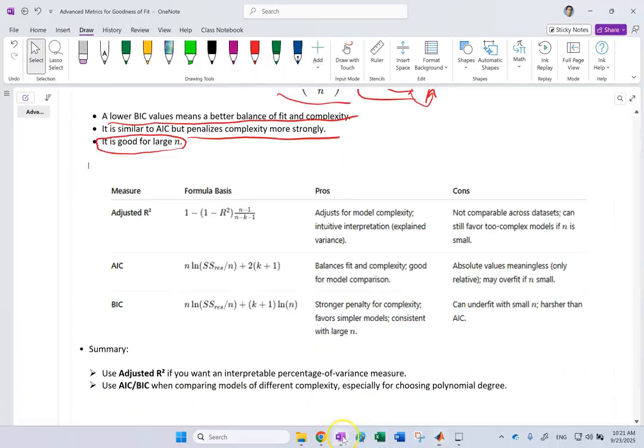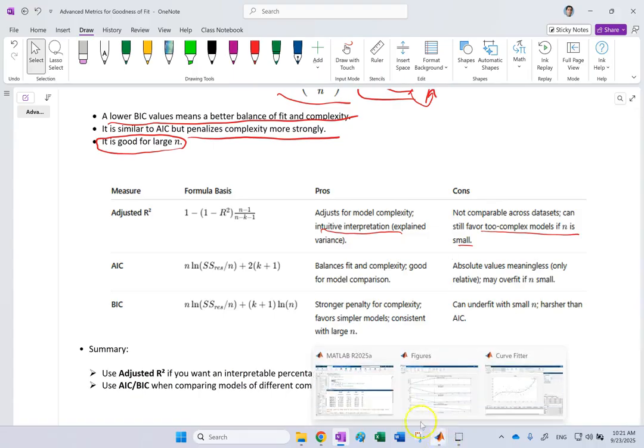Now, if I want to compare adjusted R-squared, AIC, and BIC, since these three can show you an optimum point, I can say that R-squared is really good because its interpretation is relatively intuitive. The thing is, it can still favor very complex models if n is small.